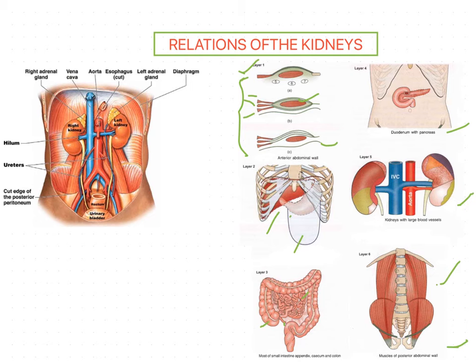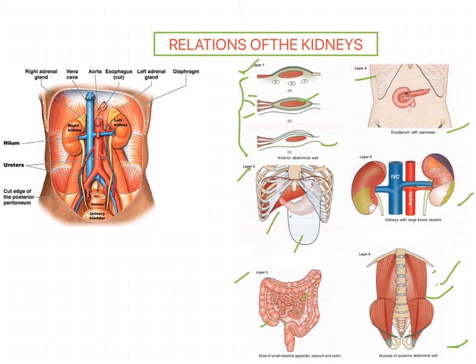That means the structures present in layer 4, layer 3 and layer 2 are related to the kidneys on the anterior aspect, whereas the structures on the posterior aspect, the 6th layer, which include muscles, blood vessels, nerves, and also the ribs and the diaphragm muscle, are all related to the kidneys on the posterior aspect. So this is the overall view.